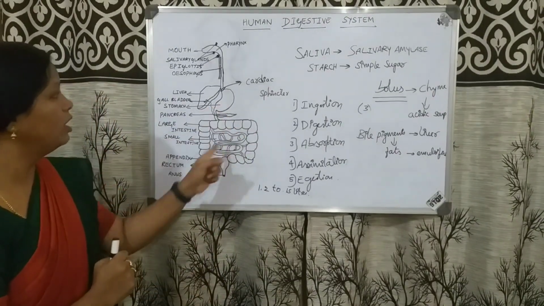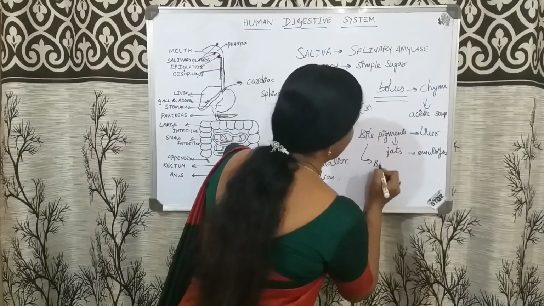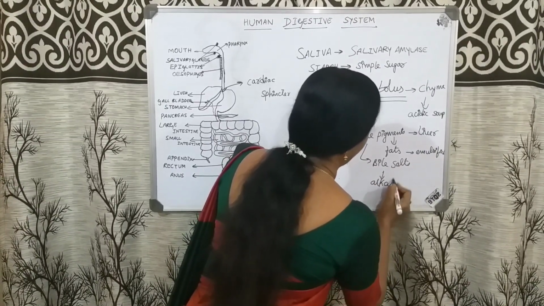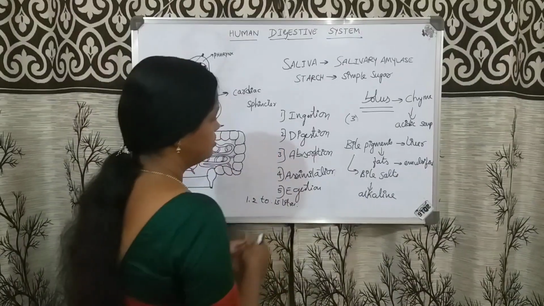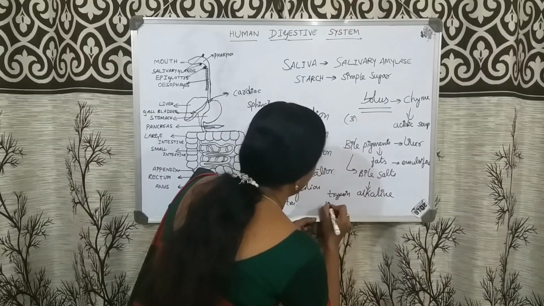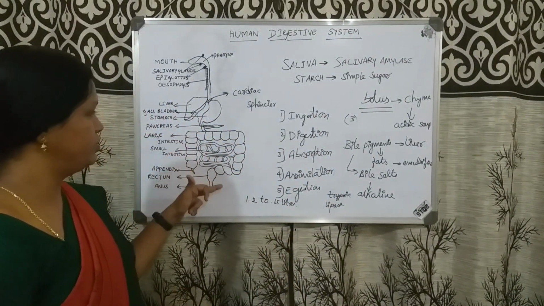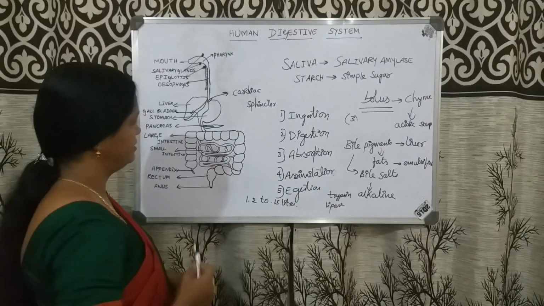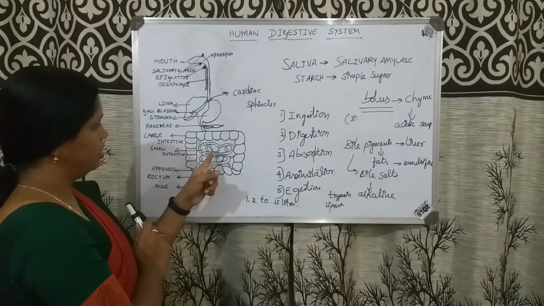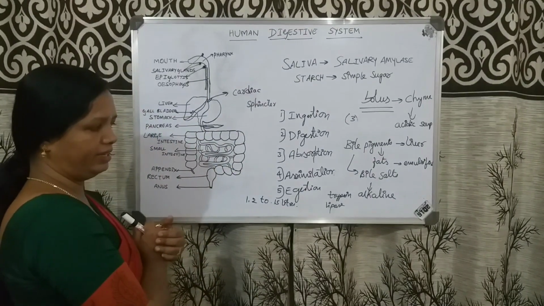So these bile pigments, also called bile salts, make the food alkaline, so that pancreatic juices like trypsin and lipase can work. Trypsin helps in protein digestion, that is, proteins are broken down into amino acids, and lipase breaks down fats into fatty acids.